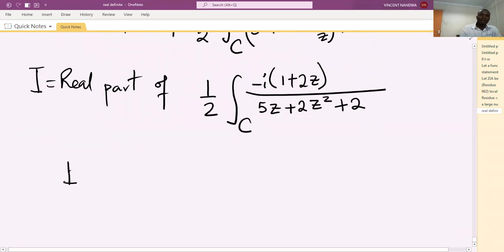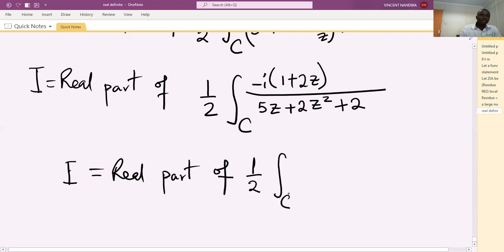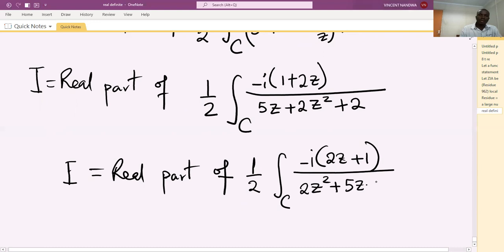I.e. I is the real part of a half integral along C of negative i times (2z plus 1) divided by (2z squared plus 5z plus 2) dz. Yes, dz here.